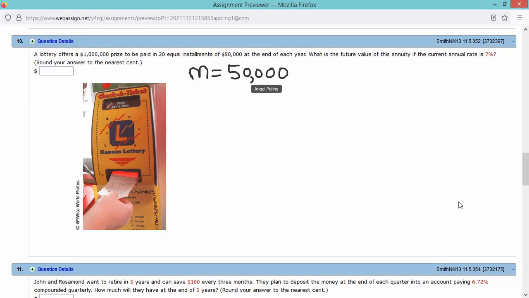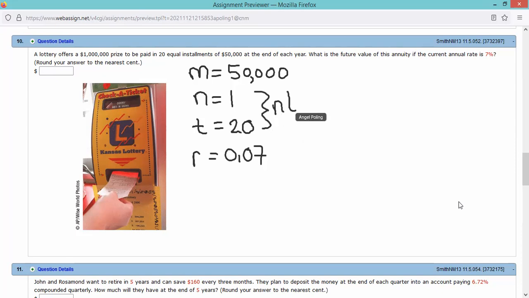We have yearly payments that are being made. We have 20 of these payments being made at a rate of 7%. So NT is 20.